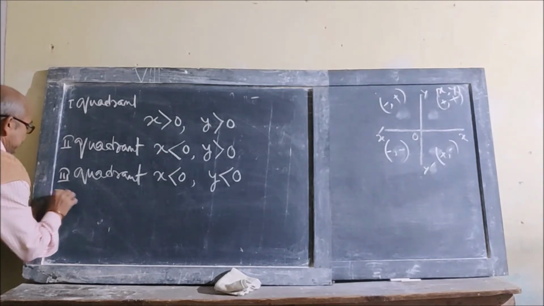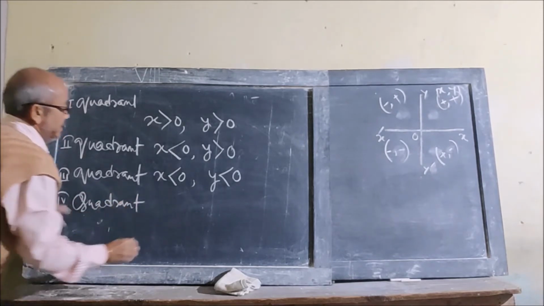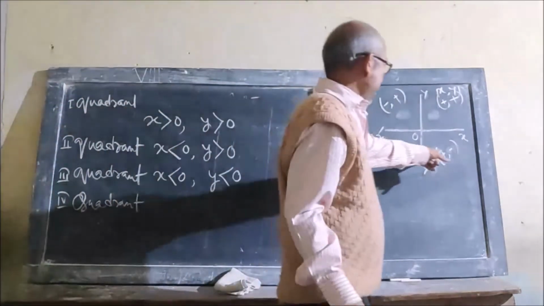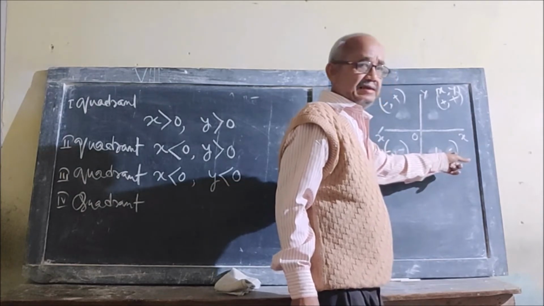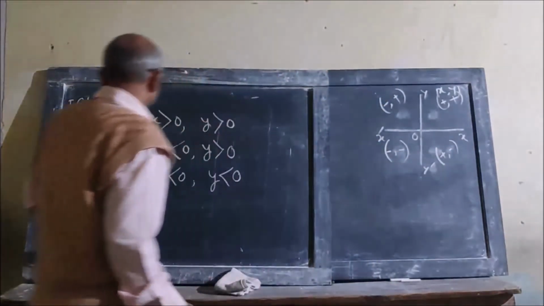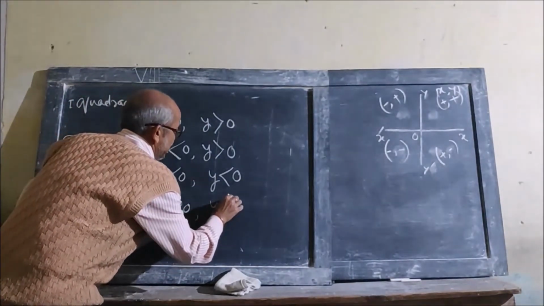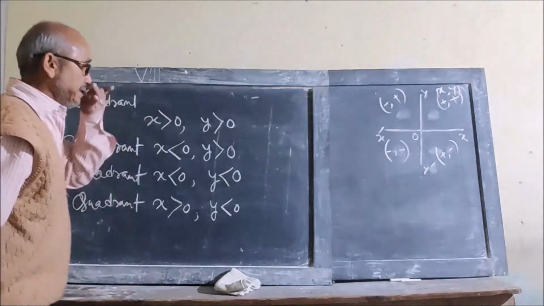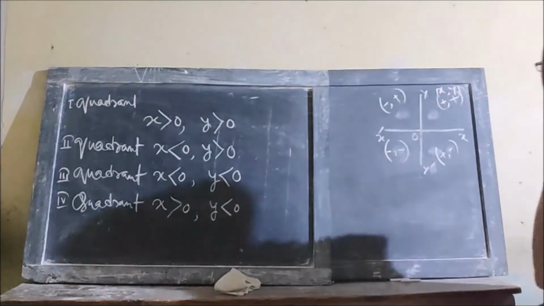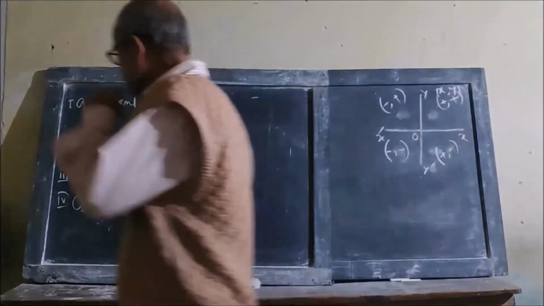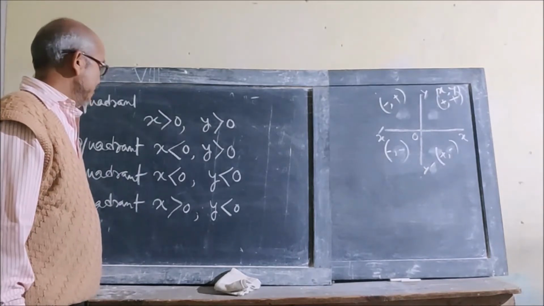Fourth quadrant: x greater than 0 but y less than 0. It means for the minus sign, less, and for the plus sign, greater.